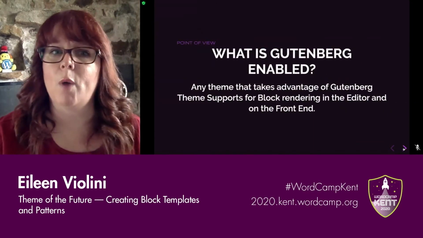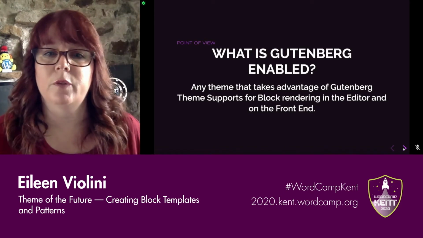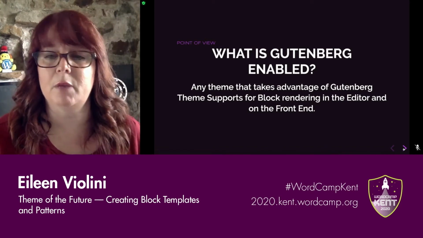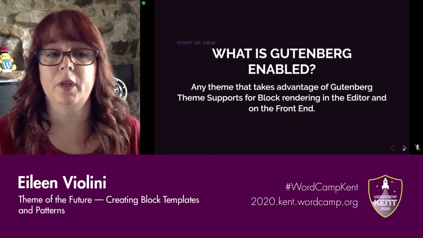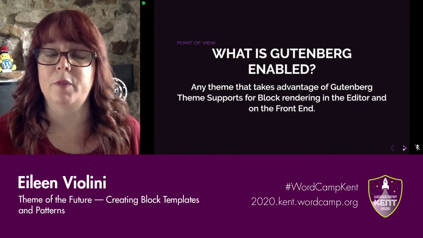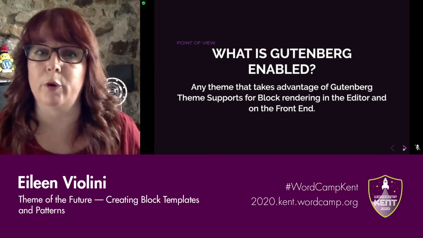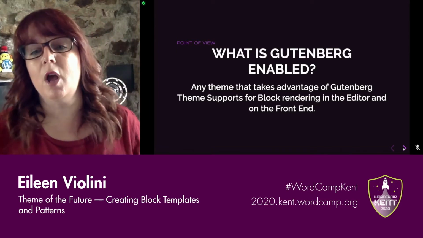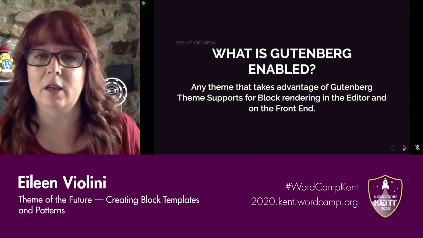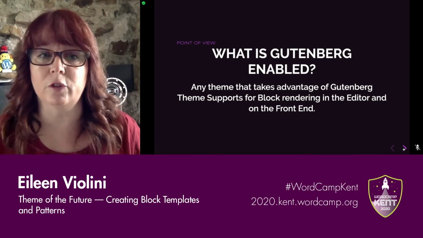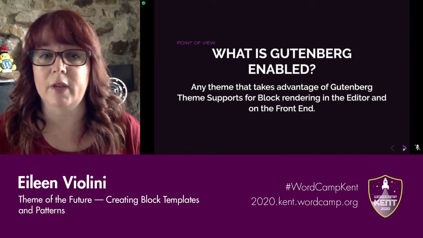So when we look at our themes today, we have themes in the theme repository that are classic, that show the classic editor. And we have themes that are Gutenberg, or Gutenberg ready, or a theme shop has gone back and taken a classic editor theme and added supports into it so that it can take advantage of Gutenberg.